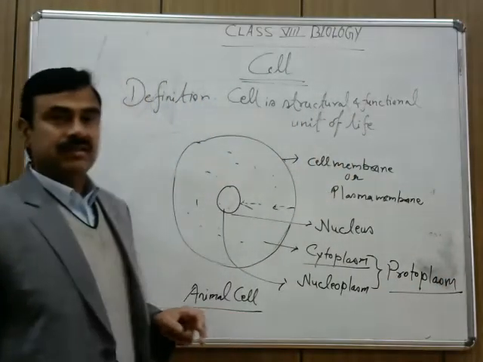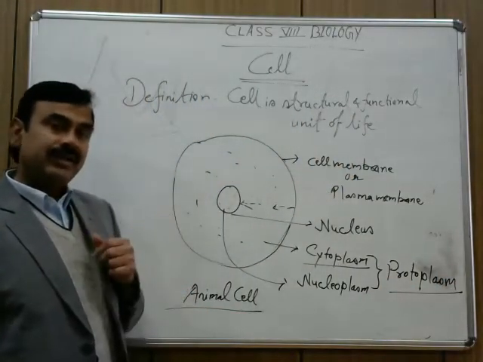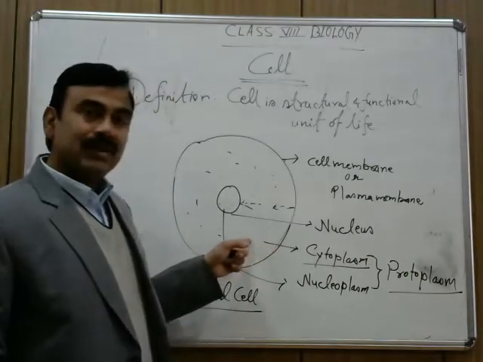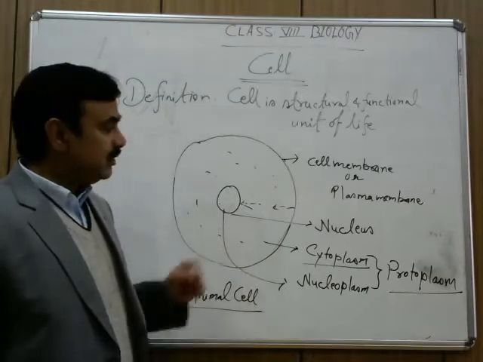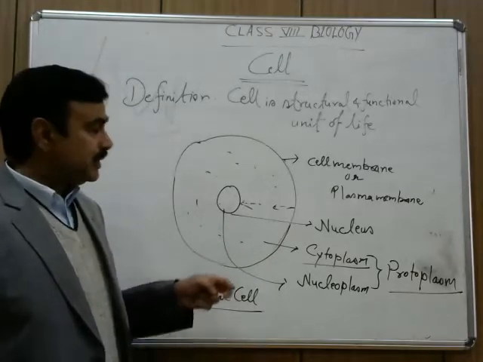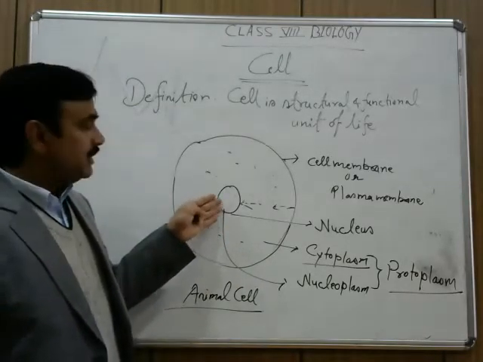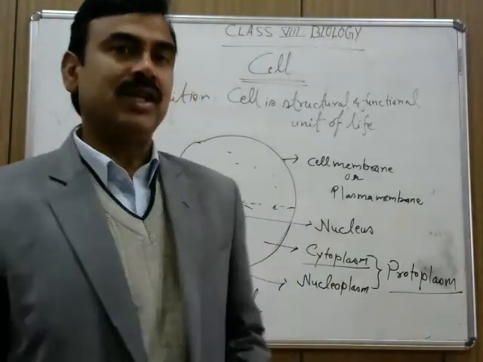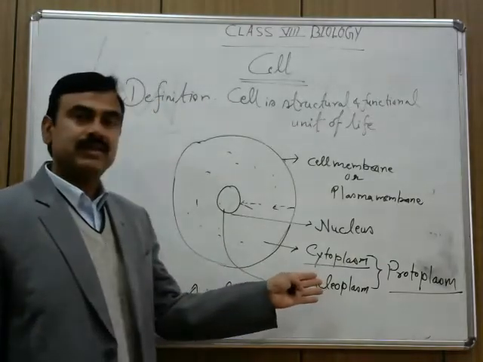So are these three terms clear in your mind or not? The cytoplasm, the fluid which is present outside the nucleus, the nucleoplasm, the fluid which is present inside the nucleus, and collectively it is called protoplasm. So got my point? The protoplasm is very much clear in your mind.